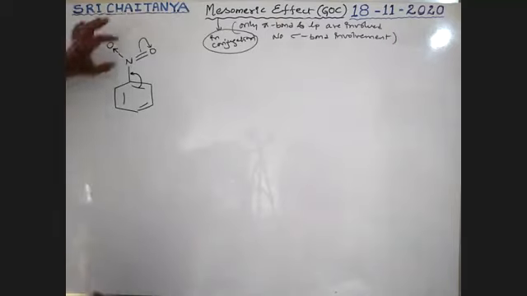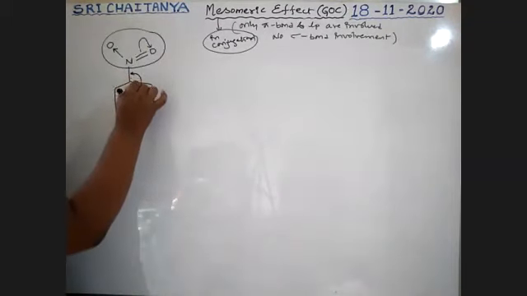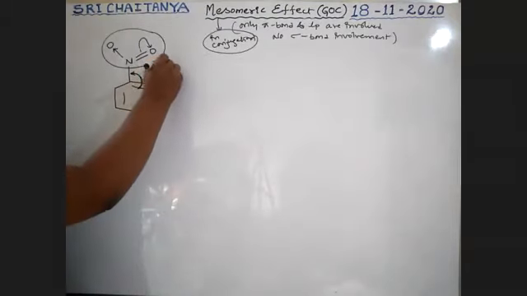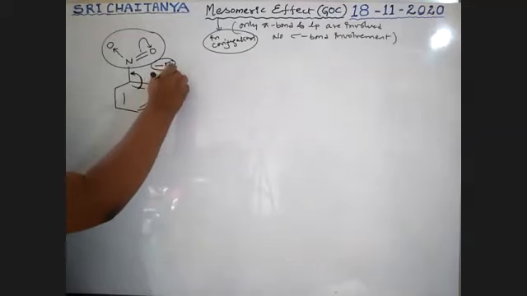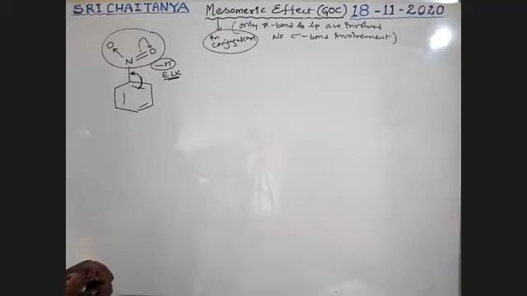That means this is the group which withdraws electrons from benzene ring. Away from benzene ring, electrons are migrated, boys. Therefore, this is minus M group. This is electron withdrawing group.